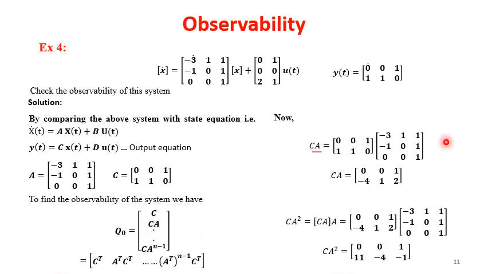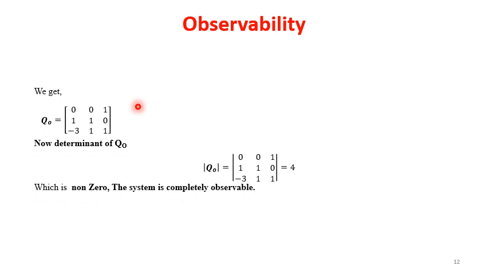So for that, we put here 0, 0, 1, 1, 1, 0, minus 3 and 1 and 1. Which are the non-zero rows that we are going to pick?